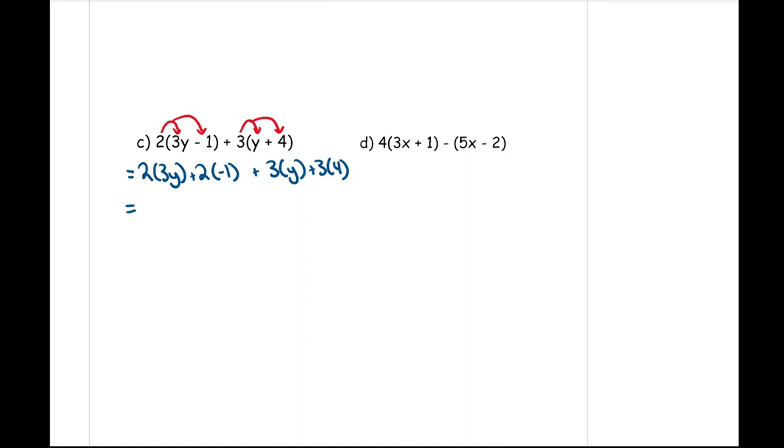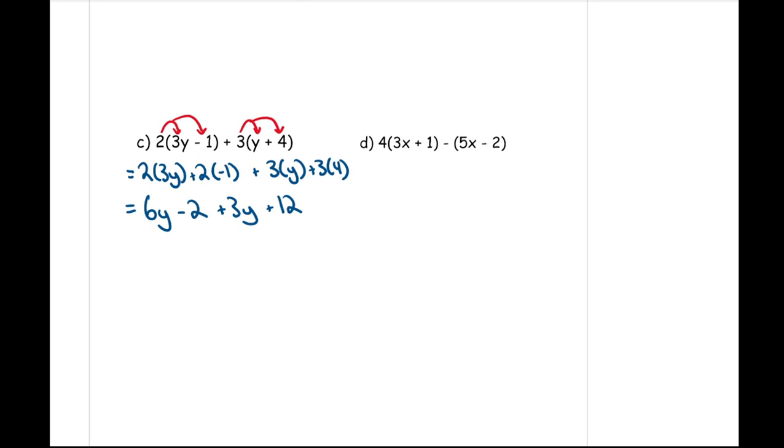So I'm just again showing the steps. 2 times 3y gives me 6y, plus 2 times negative 1 is negative 2, plus 3 times y, which is 3y, and plus 3 times 4, which is plus 12.